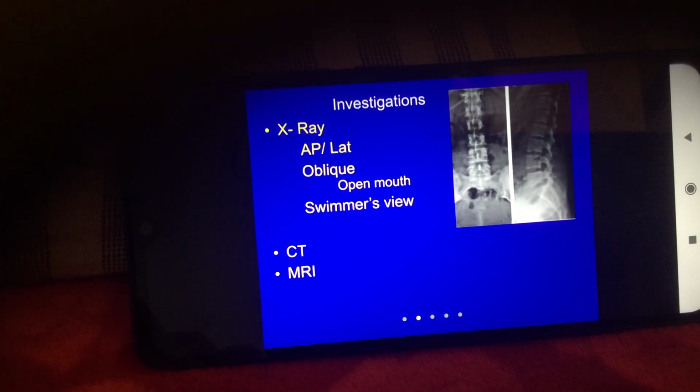The first investigation done to rule out trauma is X-ray. X-ray anteroposterior, lateral and oblique views are important. If you suspect any injury at the level of the upper cervical spine, C1, C2, do an open mouth view, because with an AP X-ray of the cervical spine alone, C1 and C2 are not visualized.